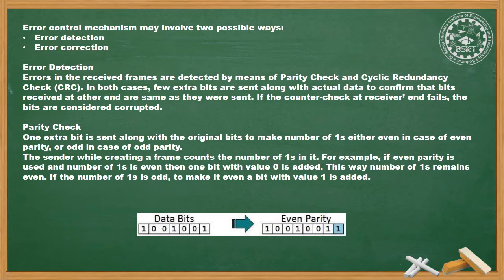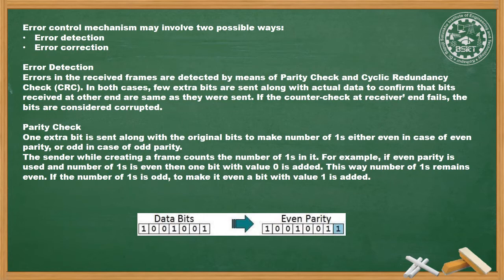So that means in these two methods of error detection, parity check and CRC, we add few extra bits to the actual data. For example, if it is parity check, we add the bits according to type of parity, odd parity or even parity. And at the receiver end again we counter check.